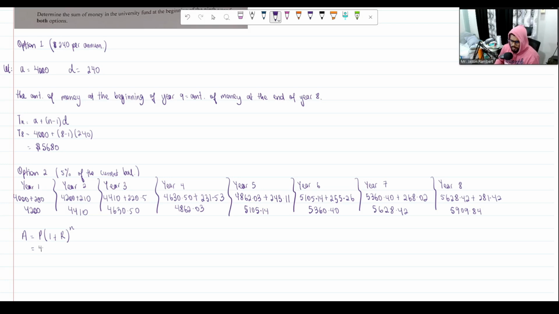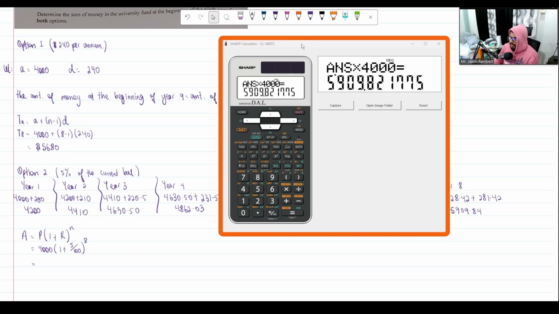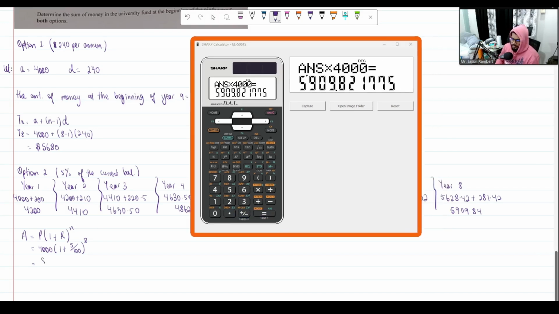So we have 4,000 times 1 plus 0.05, to the power of 8, which is the number of years. 1.05 raised to the power 8 multiplied by 4,000 is 5909.82, and doing it the long way, I get 5909.84. This is 5909.82.